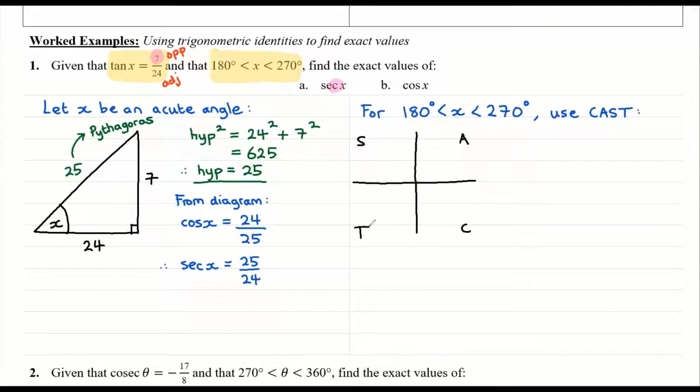And we establish which quadrant we're interested in. Well, 180 and 270, as I said earlier, was quadrant 3, which I would call the tan quadrant. So it's where tan is positive, of course. Now then, if we put the angle in there, the x angle is a reflex angle. Only tan is positive and all the other ratios will be negative. So we can now answer the question.